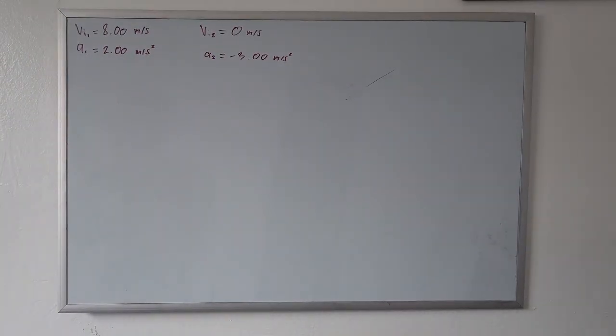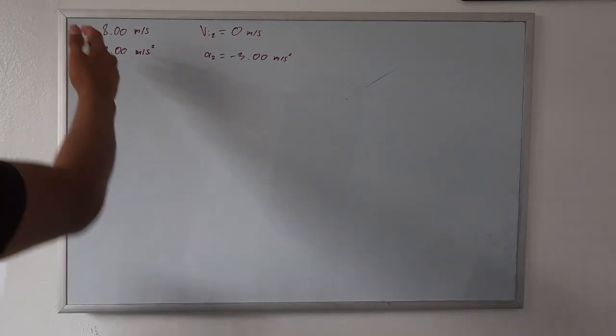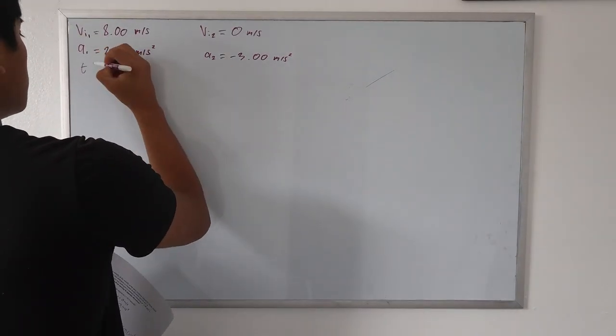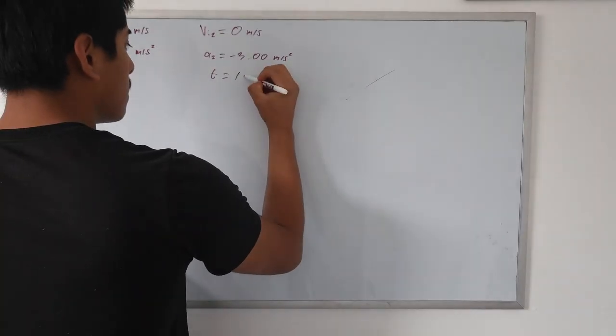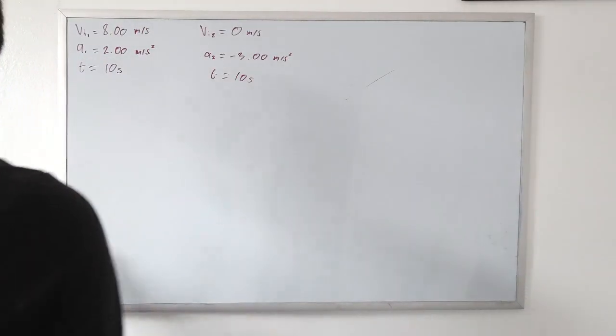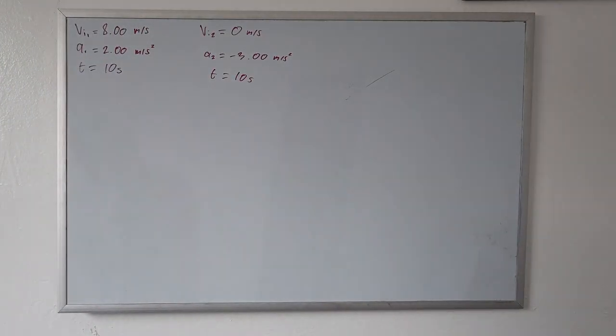Now for part A, it's asking us what is the distance between the objects at 10 seconds. So at 10 seconds, we have another variable, which is time, and it's the same for both of them. Since we're looking for distance, we're going to use the simplest equation, this one.